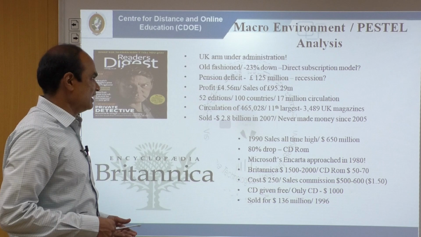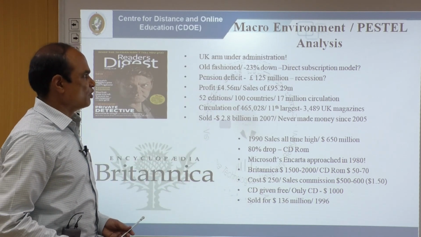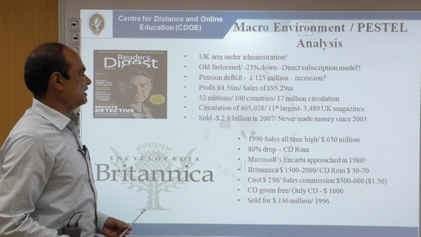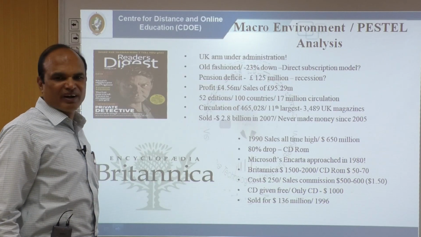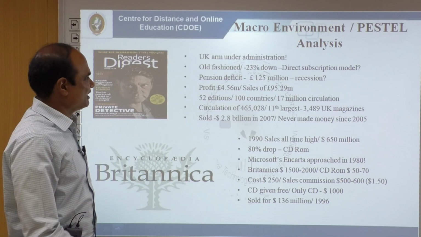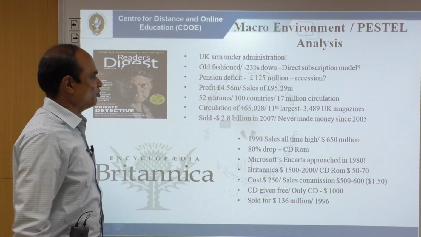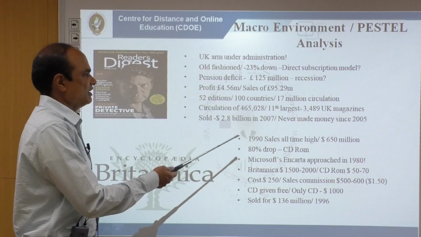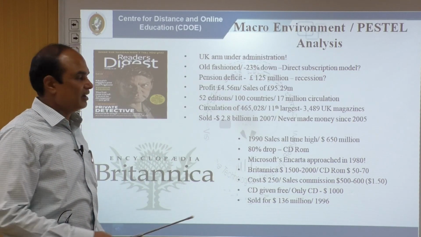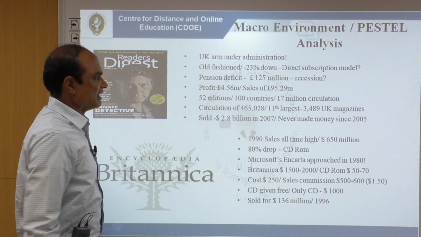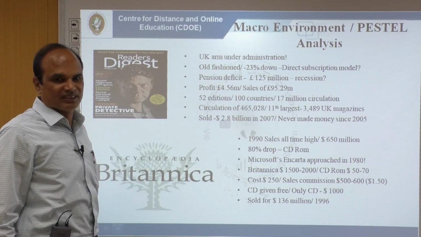There were also economic factors. After attaining sales of more than 95 million pounds, it barely made around 5% profit. Of course, it had an excellent presence in more than 100 countries, 17 million circulation, 52 editions, and it was the UK's 11th largest magazine out of close to 3,500 UK magazines.